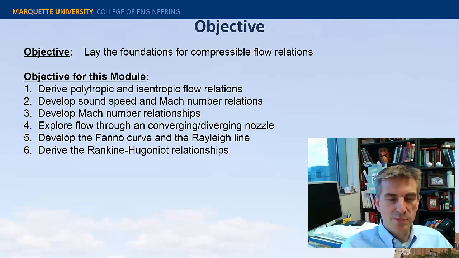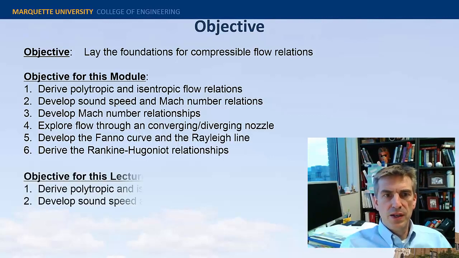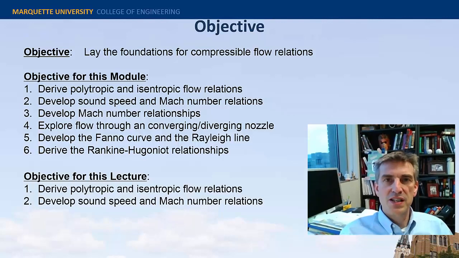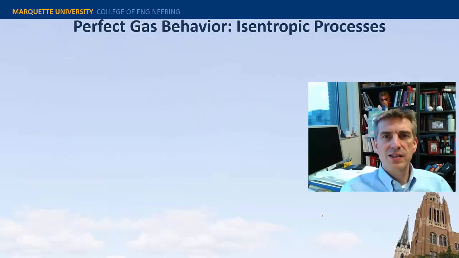We're going to develop the isentropic flow relationships in terms of the Mach number, look at converging, diverging nozzles and the special considerations for those flows, develop Fanno curves and Rayleigh lines, and eventually get into the Rankine-Hugoniot jump conditions. Now, in this set of lectures, we're just going to tackle two of those: derive the polytropic and isentropic flow relationships, and develop a relationship for the sound speed. All right, so let's get going.